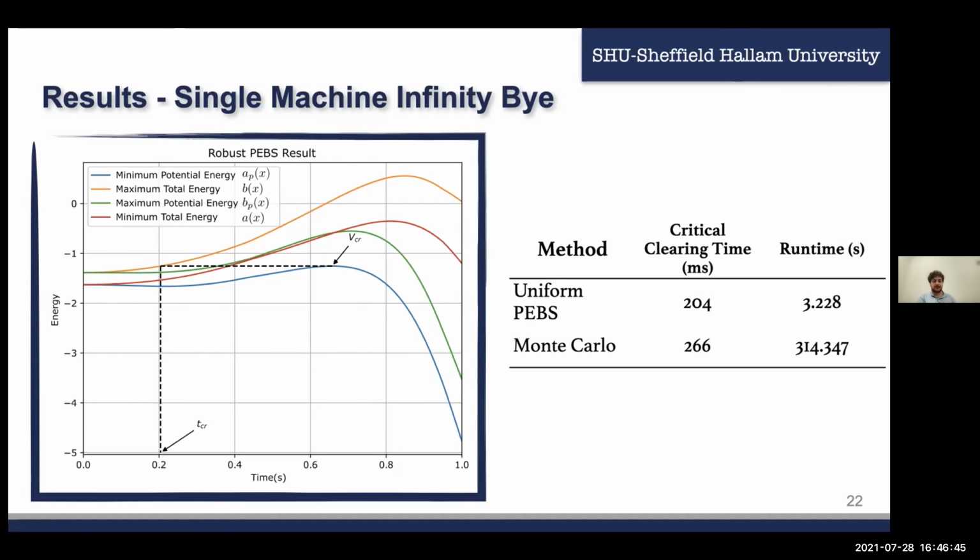These are the results of A of X, B of X, AP of X, and BP of X. This P is the potential part of the energy of our energy functions. So yeah, that's it.